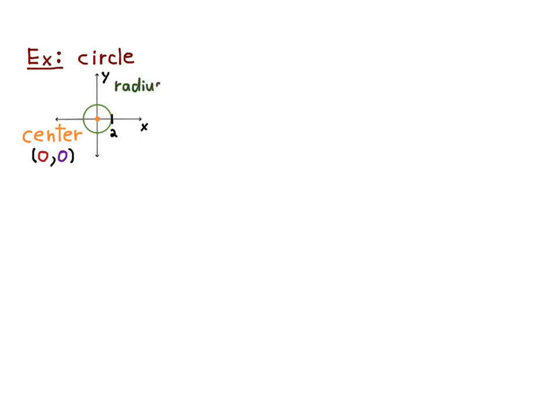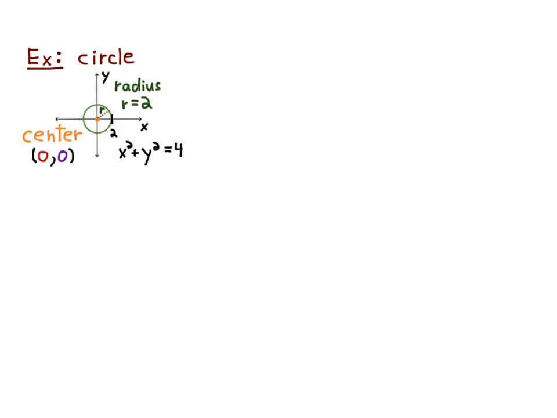So let's start with a circle since we already graphed circles in a previous section. Here is a circle with a center at (0, 0) and a radius of 2.